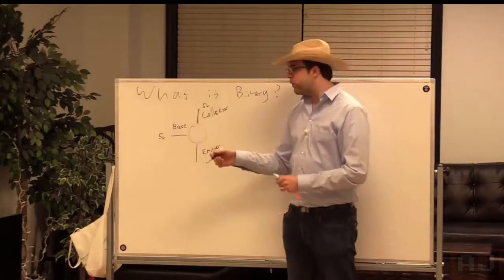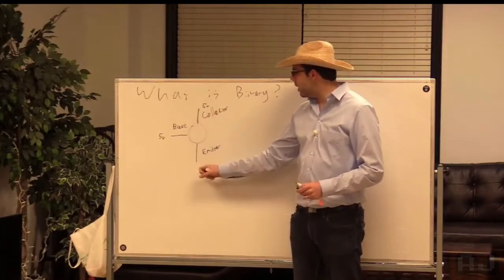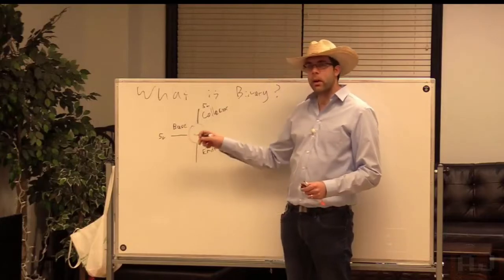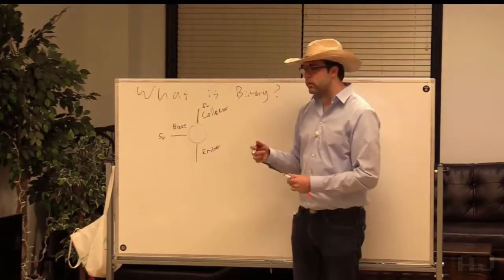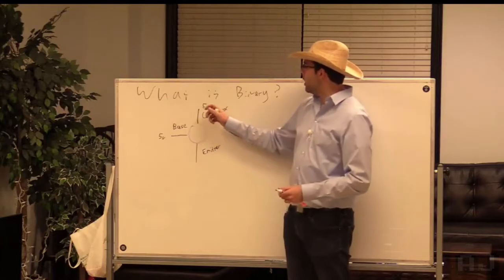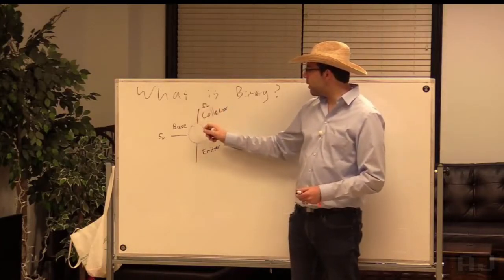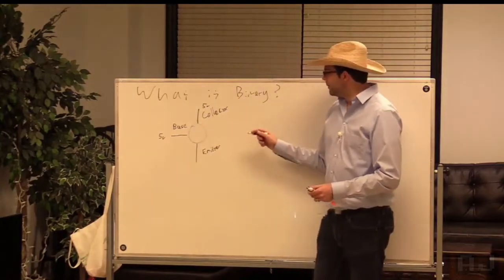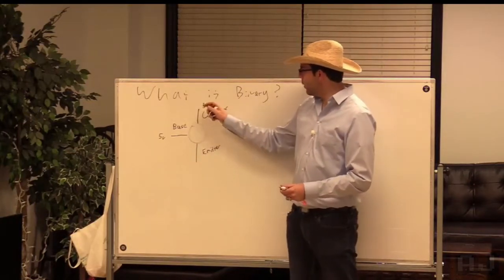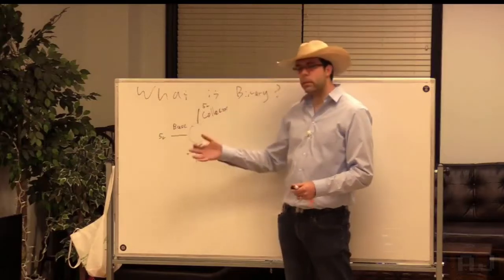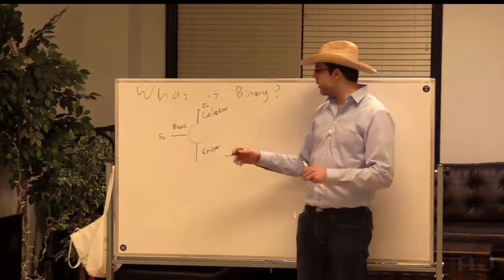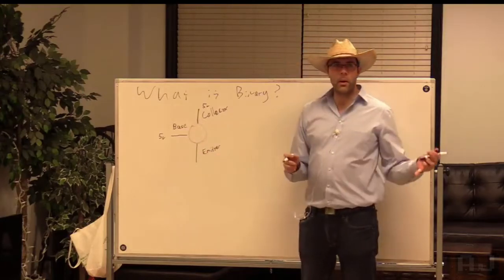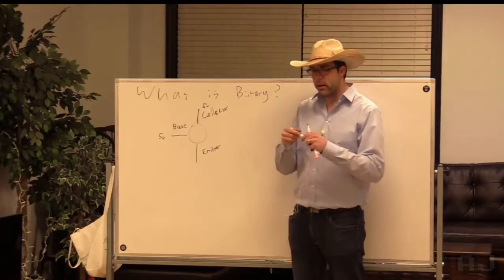There's the ones that are on by default, meaning that if the collector has power, it goes through to the emitter unless the base has power. And then there's the ones that are off by default, which is the more normal one: the collector can have power, but it doesn't go through until there's also power on the base. So the collector has constant power, the selector could be on or off, and based on the state of the selector, the emitter either lets the power through or it doesn't.